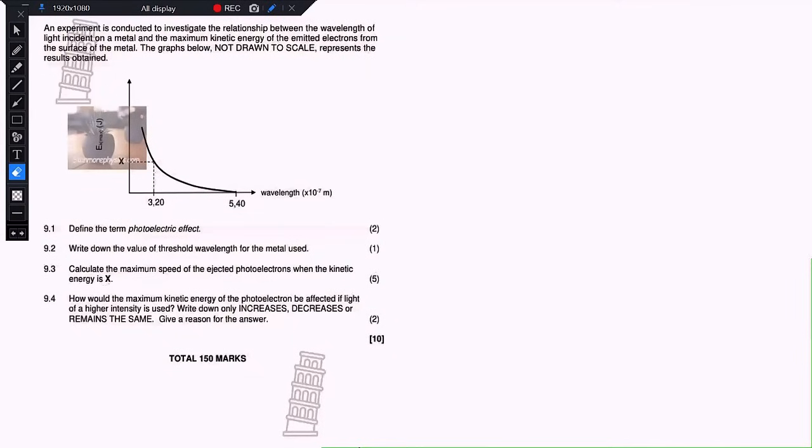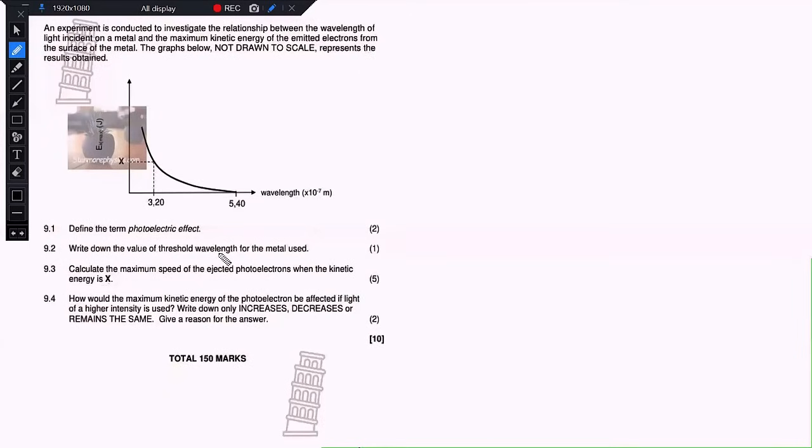Now, 9.4 says, how will the maximum kinetic energy of the photoelectrons be affected if light of a higher intensity is used? Write down only increase, decrease, or remain the same. So we know that increasing the intensity of light does not affect the kinetic energy of the photoelectrons.